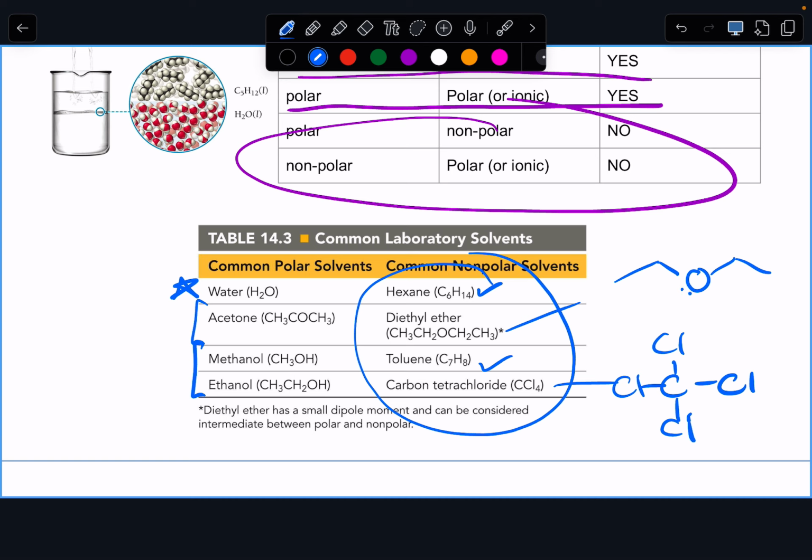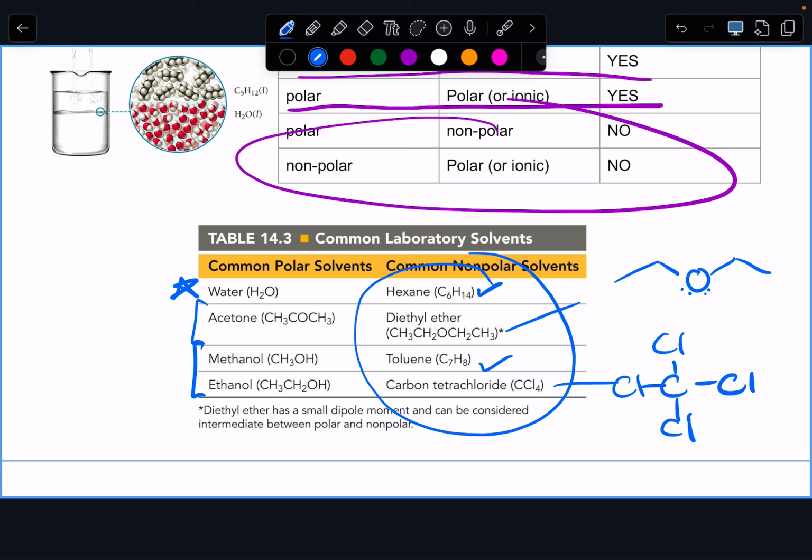Every time you add an oxygen in there, you're going to end up with that bent shape, okay? Because you've got the two lone pairs typically, and then the two bonds that are bent. So is that really nonpolar? Well, we're saying it dissolves a lot of things that are nonpolar. So that one could probably dissolve a lot more things that are also polar.